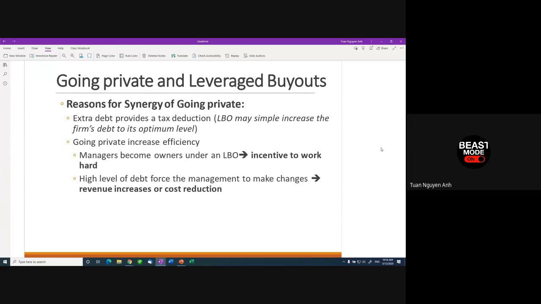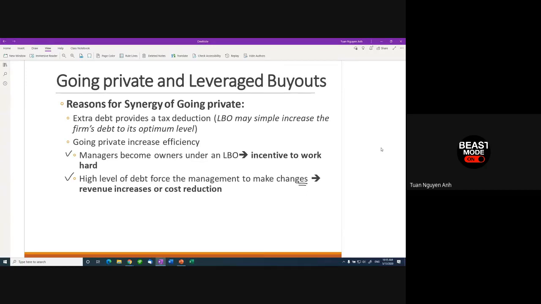And going private increases efficiency in two situations. First, managers become owners. Conventionally, the managers become the owners of the company when using leveraged buyouts, so they have more incentive to work hard because now the agency problem is solved. Another reason is that the high level of debt forces the management to make changes.